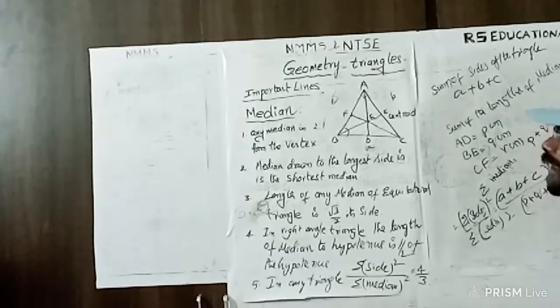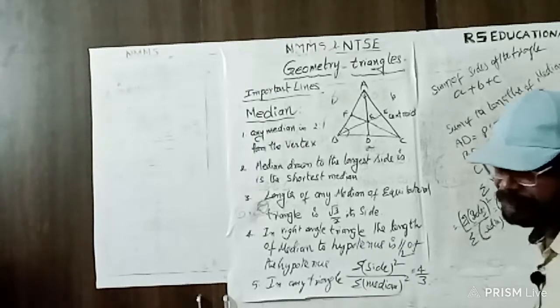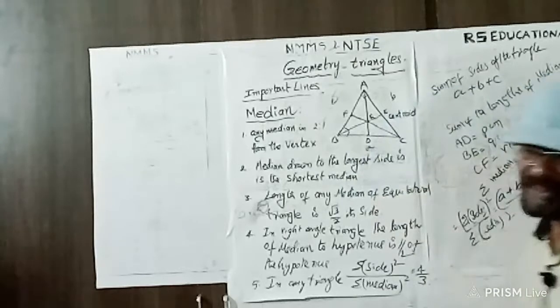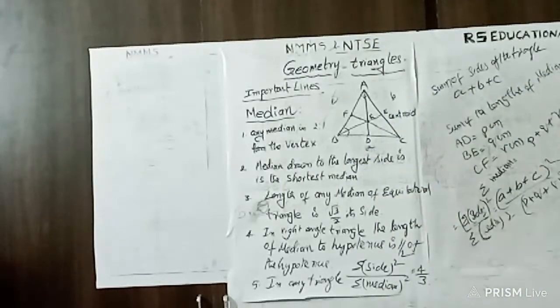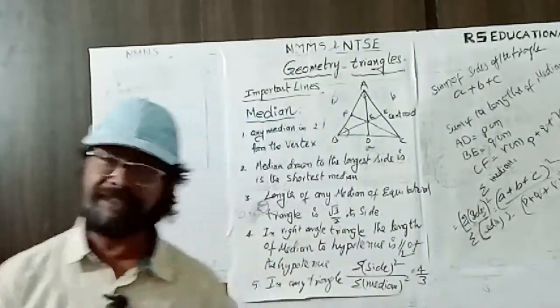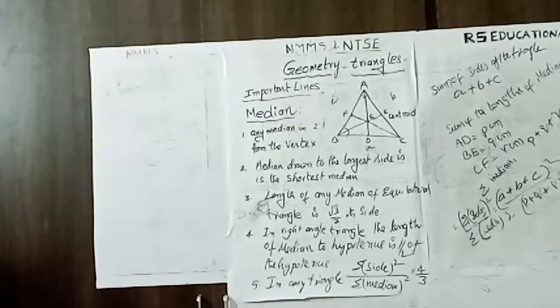This is about the median of a triangle. A median is nothing but a line drawn from the vertex of a triangle to the midpoint of the opposite side. All these three medians intersect at a point.